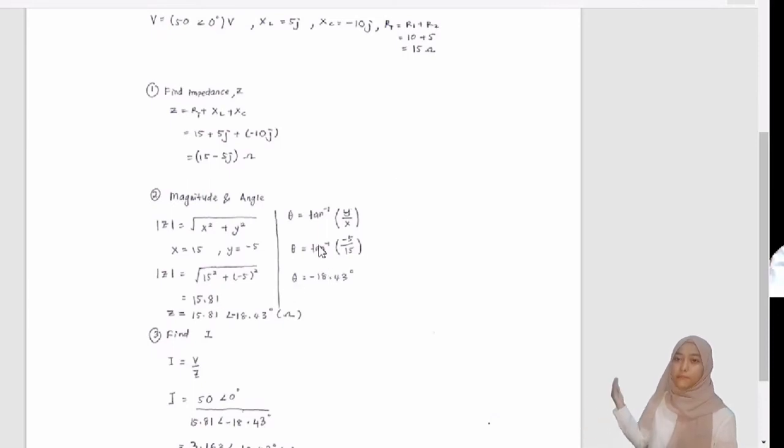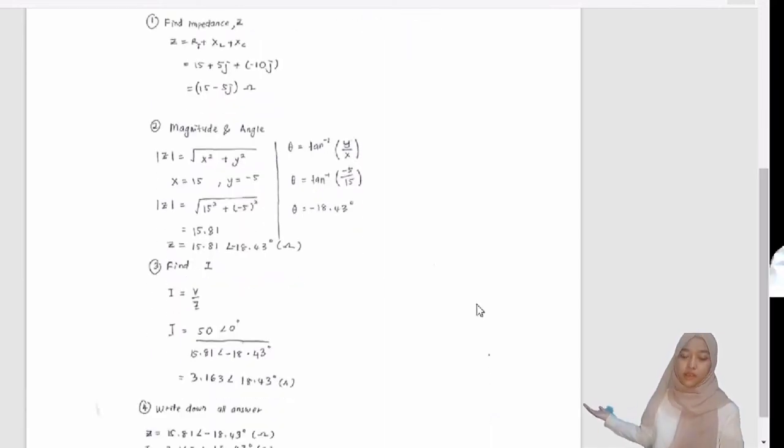And for the angle, we can use the formula theta is equal to tan inverse of y over x. Then we just enter the value, tan inverse of negative 5 over 15. Then we get the answer theta is equal to negative 18.43 degrees. Then we just write down the answer for Z.